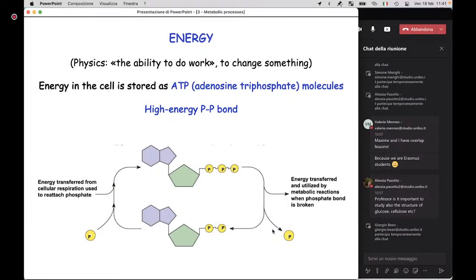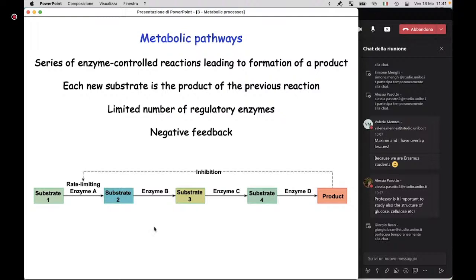Professor? Yeah? So the negative feedback is used to stop the production? Yes. It is used exactly to stop production when enough product has been obtained. A lot of product will accumulate, and some of it will stop enzyme A from working.